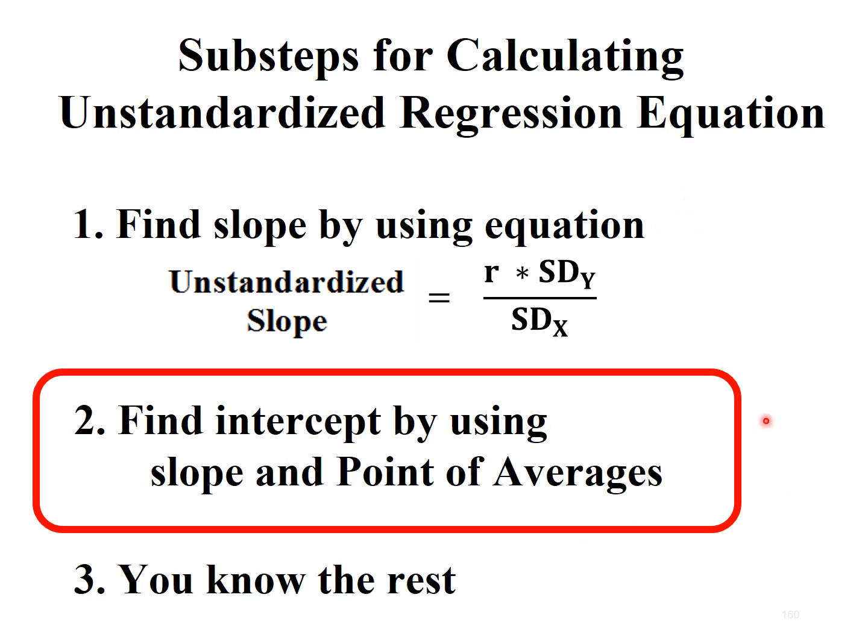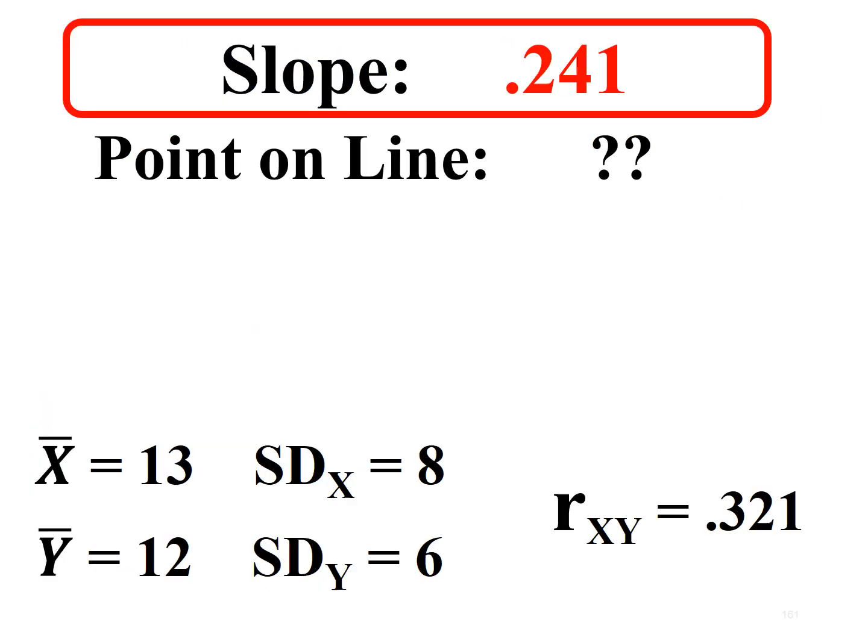Once you solve for your slope, then you need to find the intercept by using the slope and the point of averages. We know the slope and we know the point of averages. Remember, the point of averages is the mean of x and the mean of y, which is these two values right here.